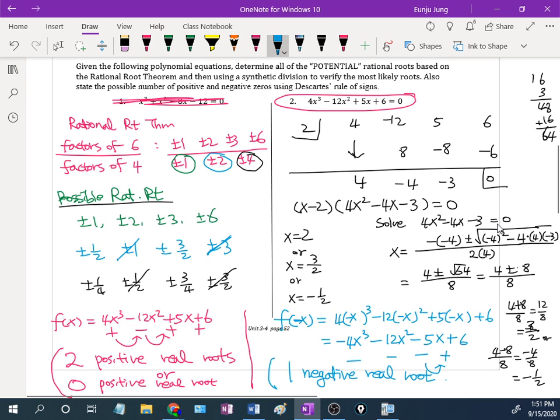And now let's verify. How many positive solutions do we have? 2 positive solutions, checked. How many negative solutions do we have? 1, so checked. Make sense? So we verified how we find the solutions, and then we see the type of the solutions with the rule of signs.